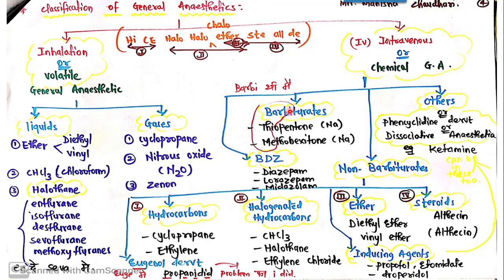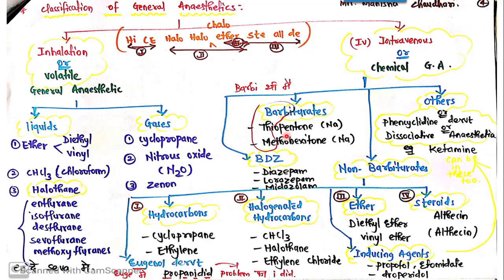Then the barbiturates class, this also you have heard. Barbituric acid is synthesized from urea and malonic acid. The examples we have seen are thiopentone and methohexitone. The trick is barbithime: barbi is for barbiturates, thi is for thiopentone, me is for methohexitone.